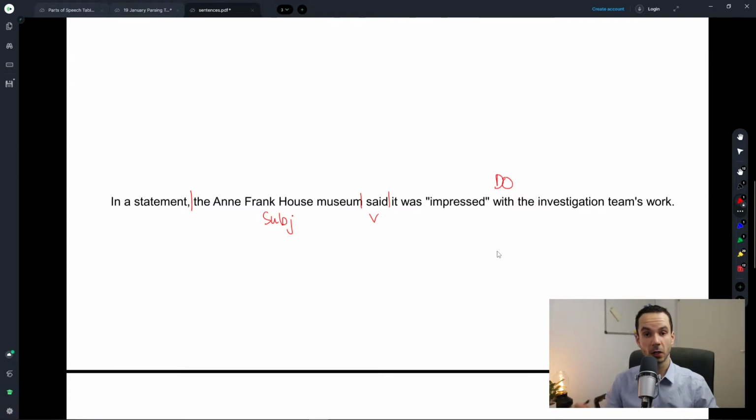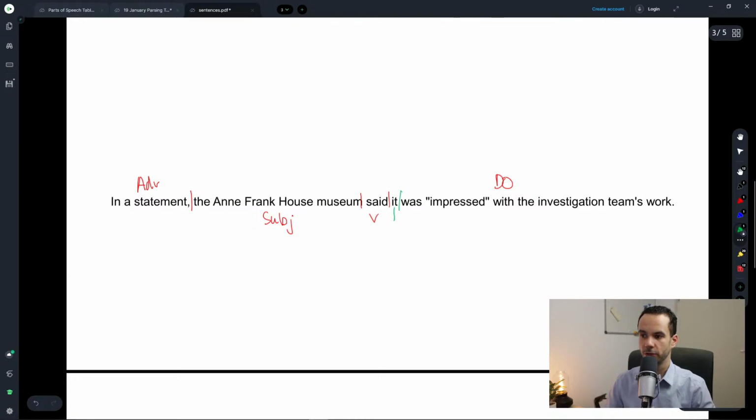And now we can analyze it a level deeper, but let's do in a statement first. So in a statement is in this case our adverbial, because it only adds extra information. And because it only adds extra information, we can safely call it an adverbial. So in a statement is our adverbial. Let's look at the direct object and what we can do with this direct object.